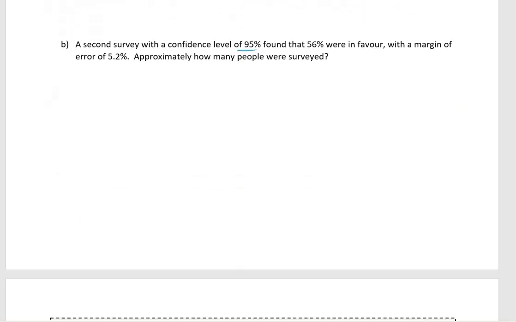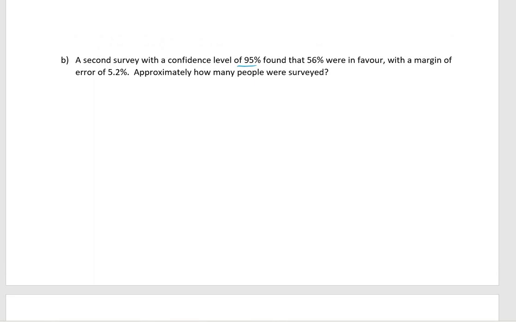Sorry about that. Okay. So our second survey, for real this time, gave us a 95% confidence level that 56% were in favor, with a margin of error of 5.2%. So, how many people must have been surveyed?